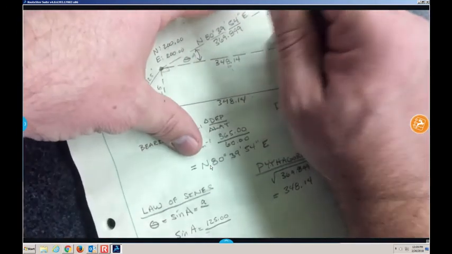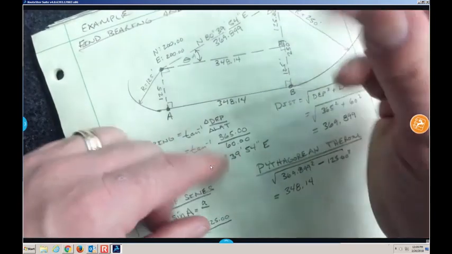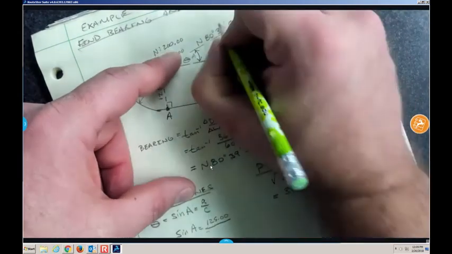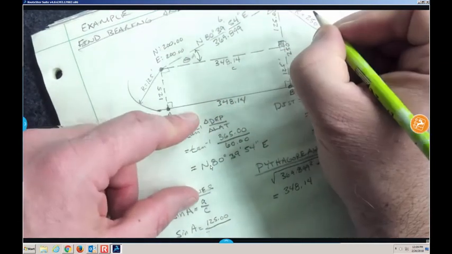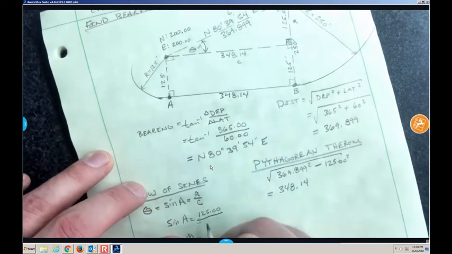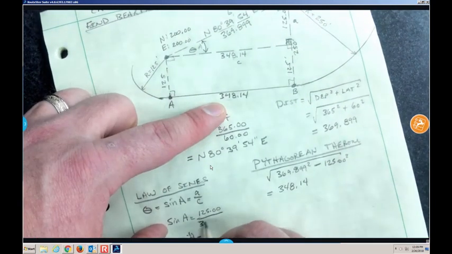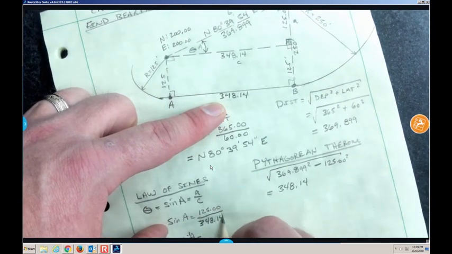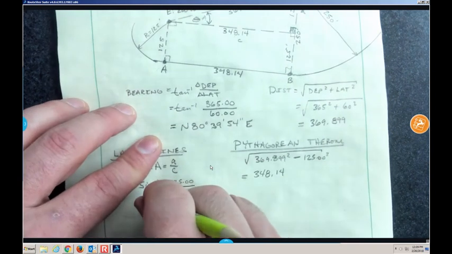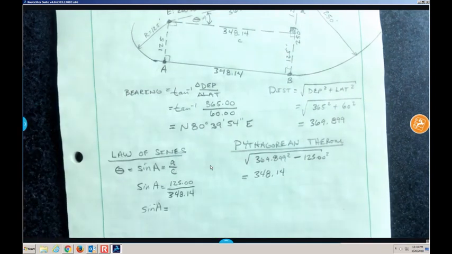I labeled these all wrong. Call that A, this B, and we'll put C here. B, C, A. There we go, so this should be the 348. This is the correct way. That'll be inverse sine when you bring it over.